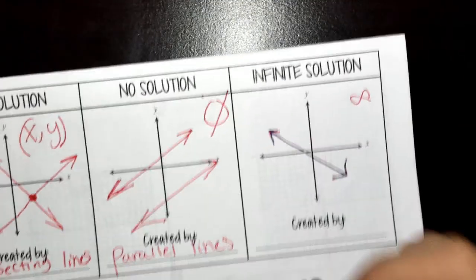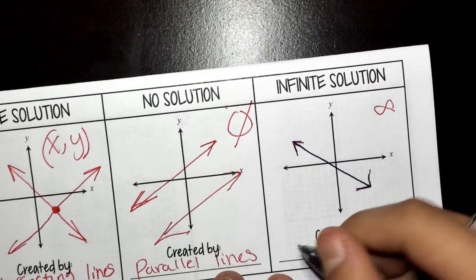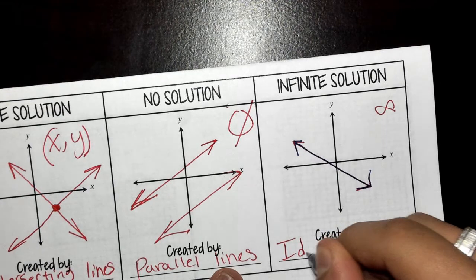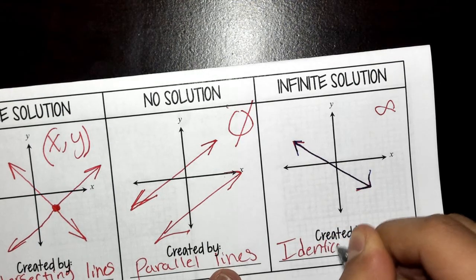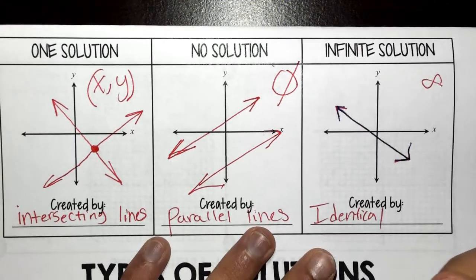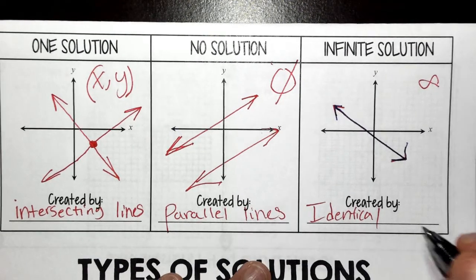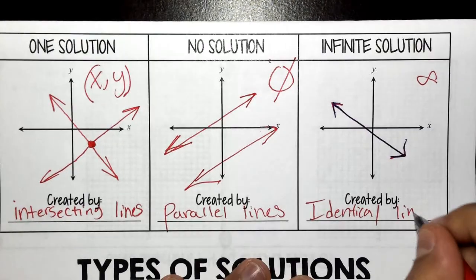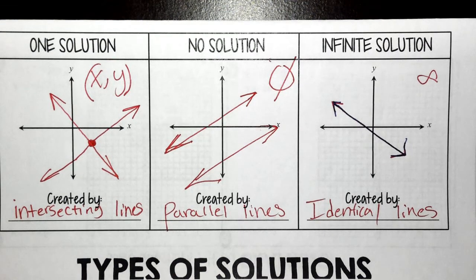So this would be infinite solutions. So identical lines. Alrighty guys, pause if you need to.